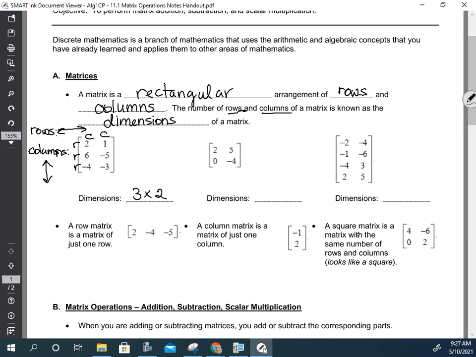For the second example, 2 rows, 2 columns, so that's 2 by 2. Notice that the row always goes first, column goes second. Row, then column.